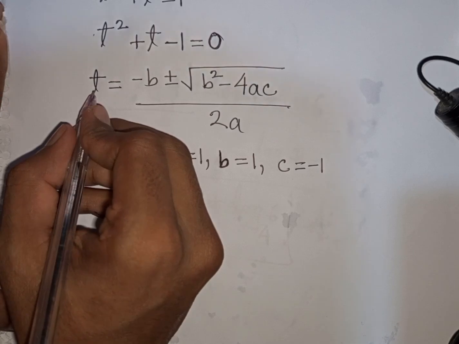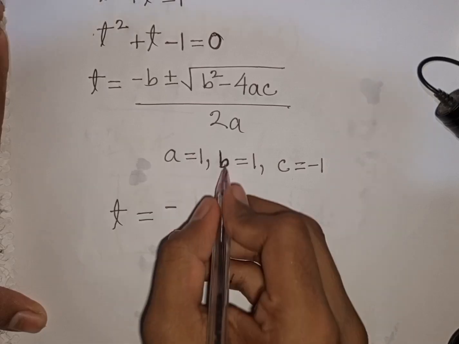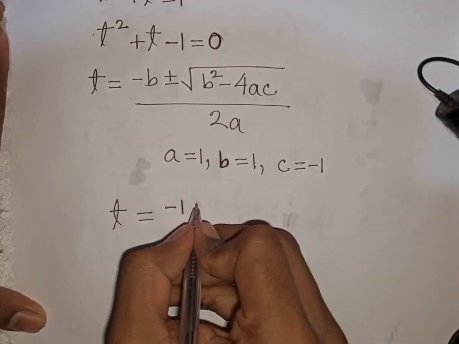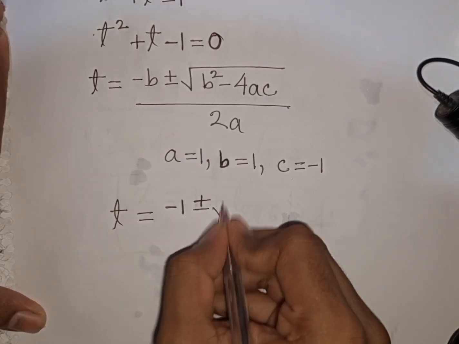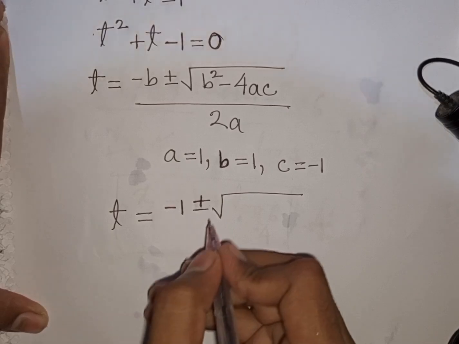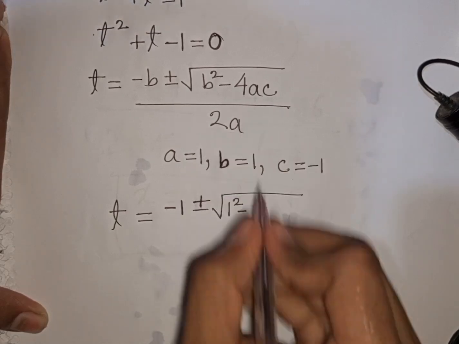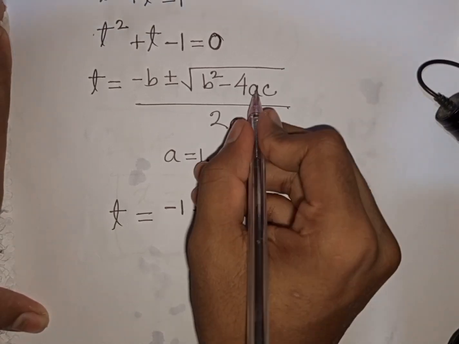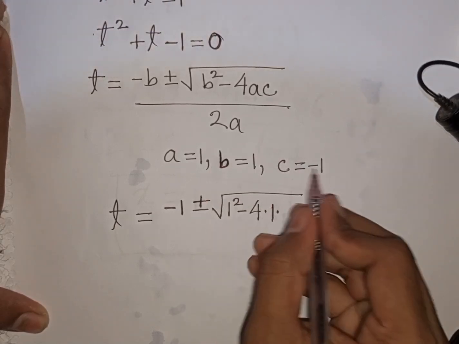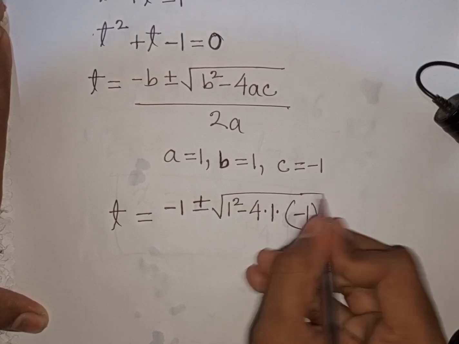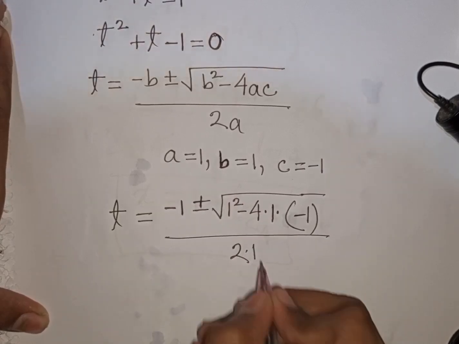Now, t will be equal to minus b, that means minus 1, then plus or minus the square root of b^2, that means 1^2, minus 4 times a, that means 1, times c, that means negative 1, divided by 2 times a, that means 2 times 1.